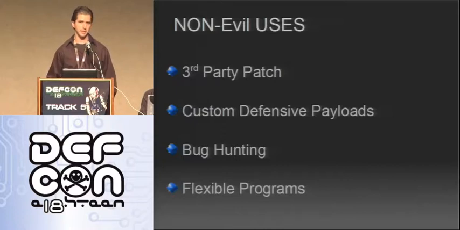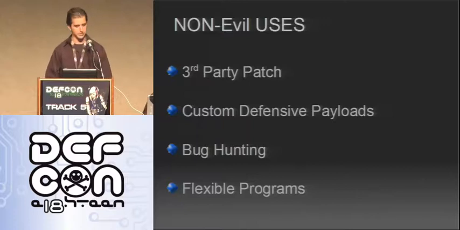There's also bug hunting. You can inject into your target application and, of course, bug hunt. You can find the exact values of anything and get deep inside of it and find out the state. You can find out the connection, and there's also flexible programs that can be built. This is nice because now you basically have an API that can work with any application.